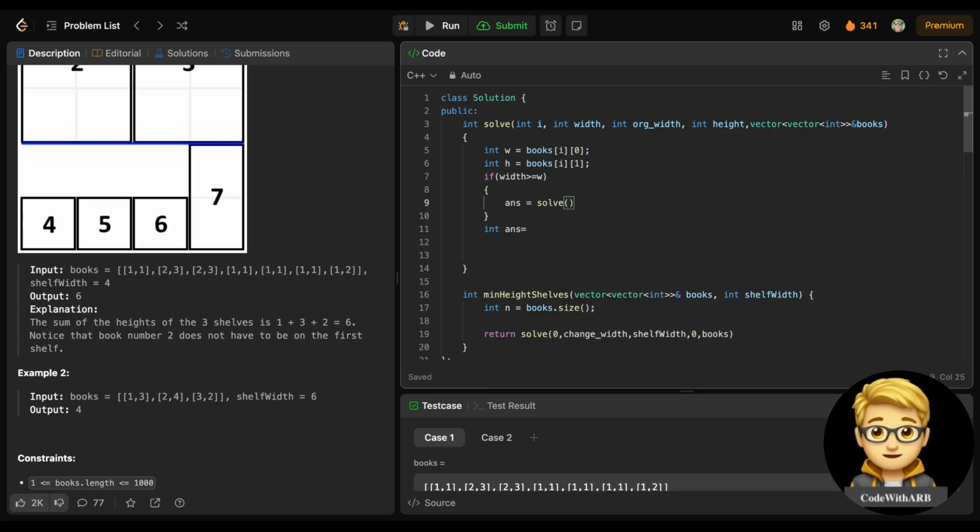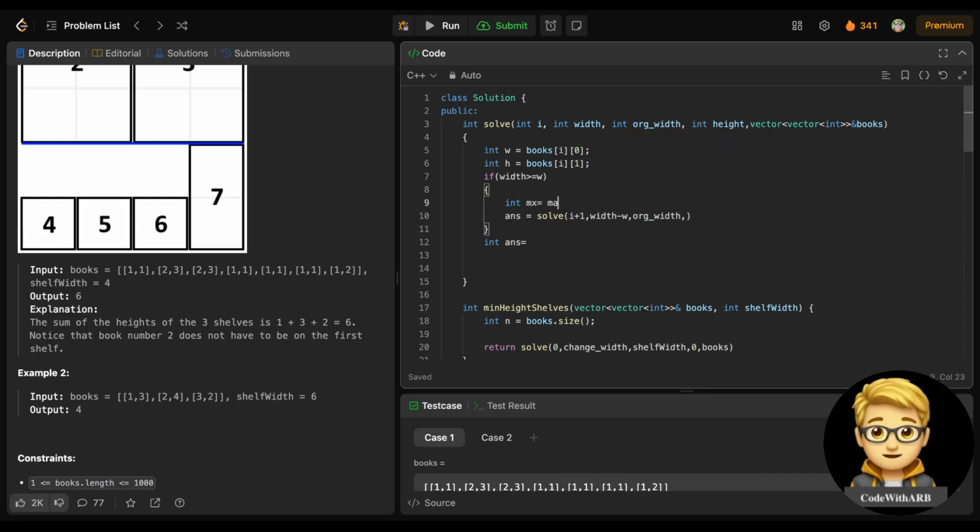we can simply place it here. If I place it, the height would be the maximum of all the books' height. So we will call for the next, and also we will change this width to w, because the book is placed, so the remaining space of the row will be changed. Also the original width will be the same, and the height would be, what will be the height now? The height would be the height which was before, and now we placed it in the same row, so the height would be updated, and that would be the max height.